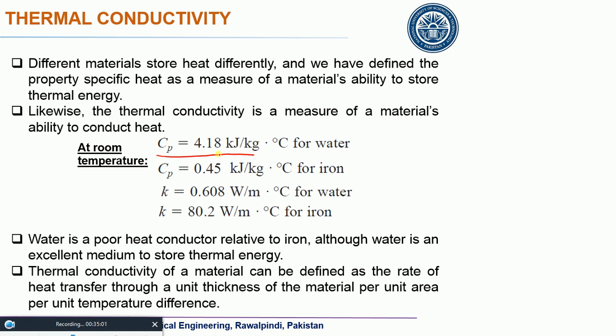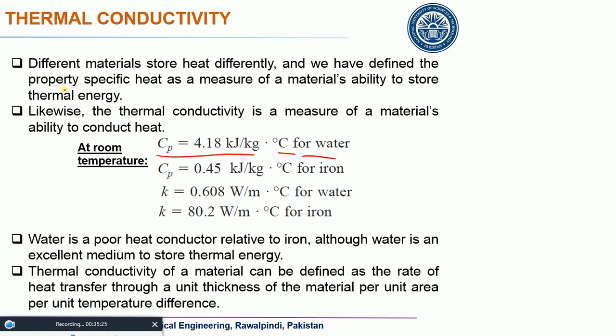Cp is equal to 4.18 kilojoule per kg degree centigrade for water. Now Cp is what? This is the specific heat. You have seen that term in your thermodynamics course. Specific heat represents the capability of the material to store heat. Now these are two different things.